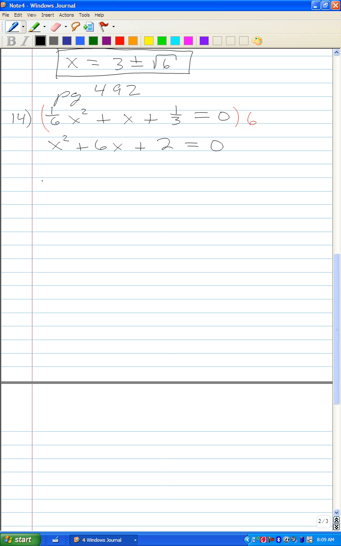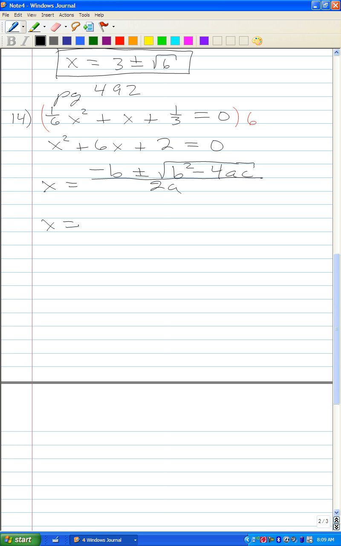So now the quadratic formula says that x is equal to negative b plus or minus the square root of b squared minus 4ac all over 2a.